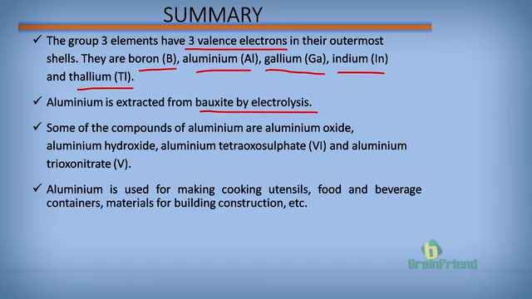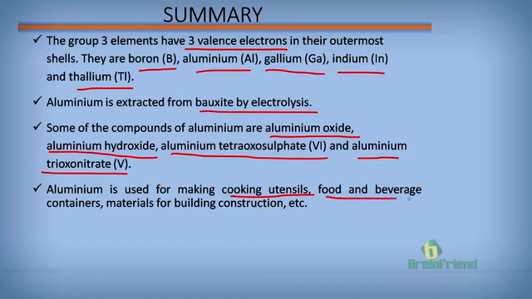Some of the compounds of aluminium are aluminium oxide, aluminium hydroxide, aluminium tetraoxosulfate 6, and aluminium trioxonitrate 5. We also said that aluminium has several uses. Aluminium is used for making cooking utensils, food and beverage containers, materials for building, construction, etc.